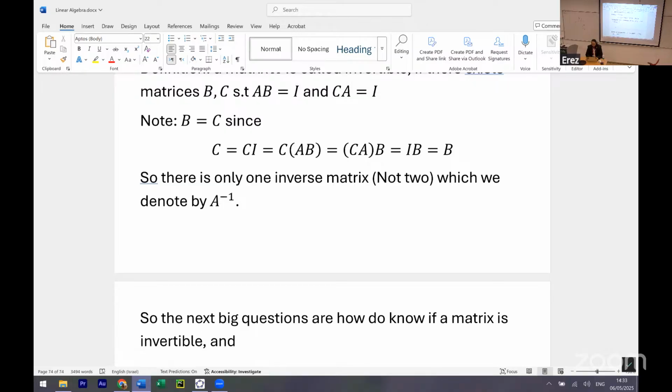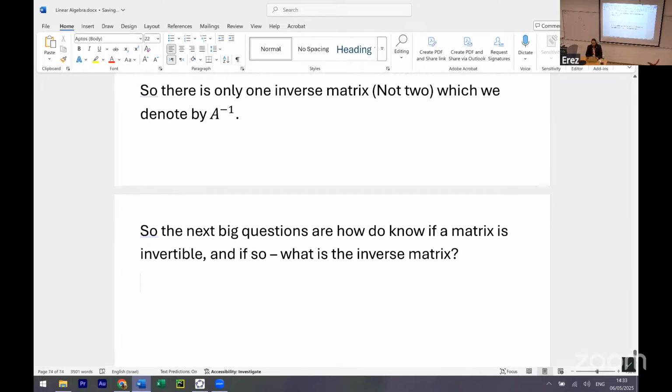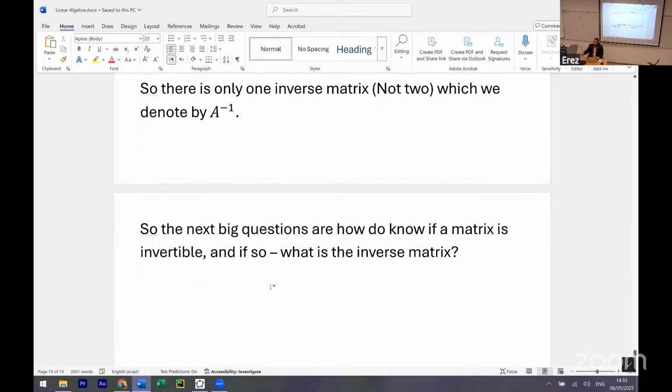And if so, what is the inverse matrix? So these are the two things we wish to learn about.